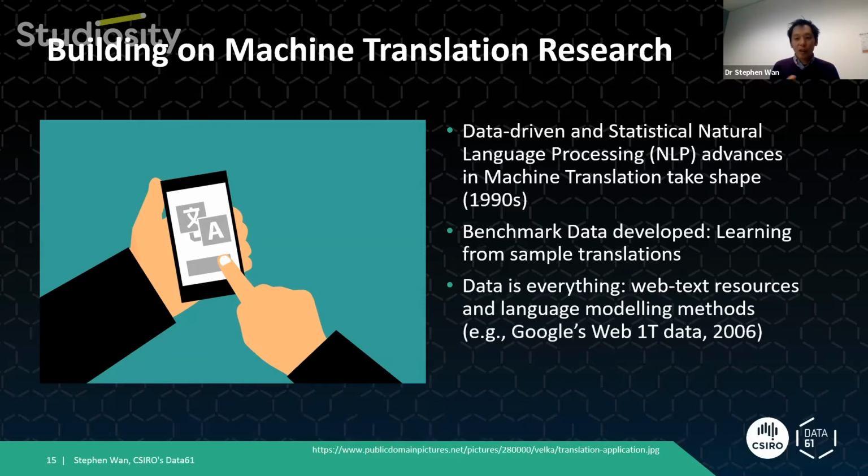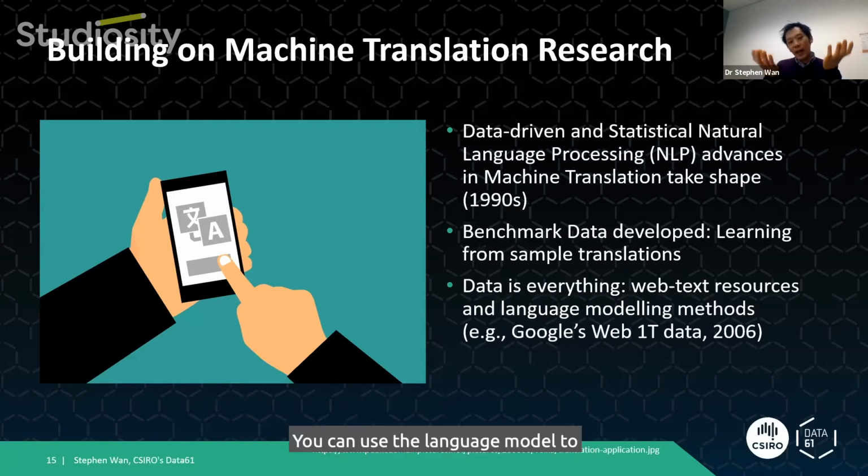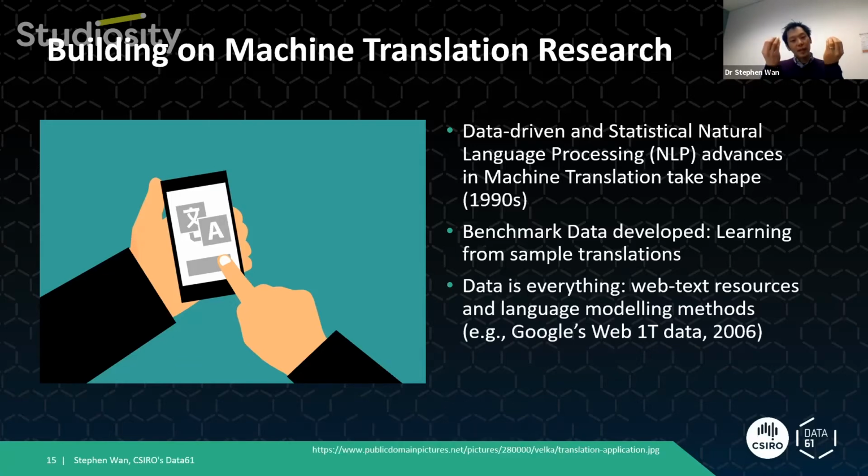To make that concrete, imagine you have a translation system that gives you 2 candidate translations. You can use the language model to assign a probability to each one, and then use this to pick the correct translation or the most likely translation.